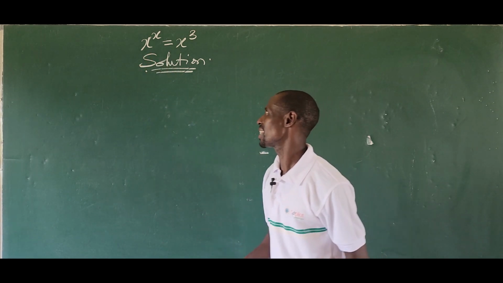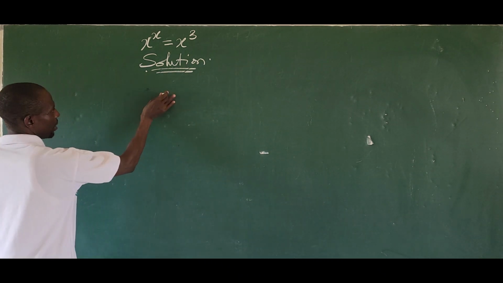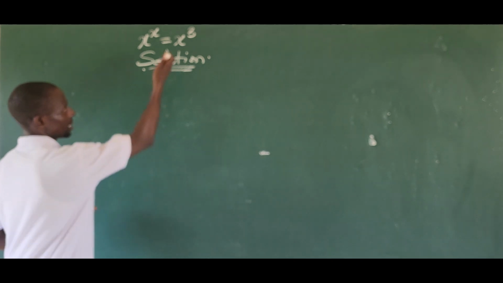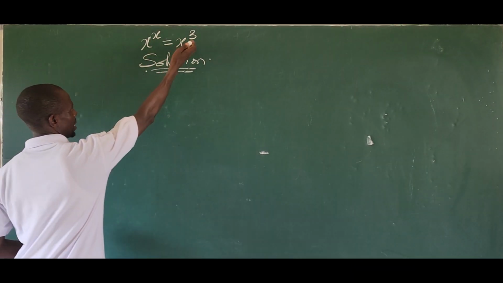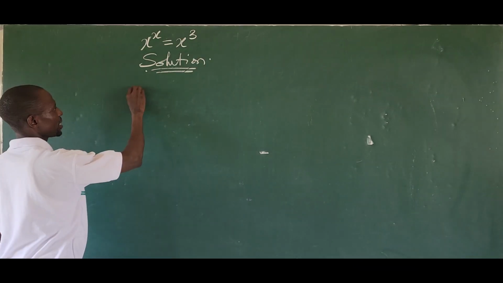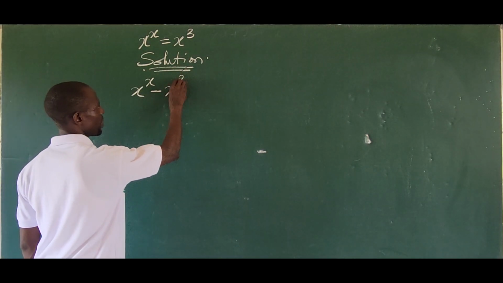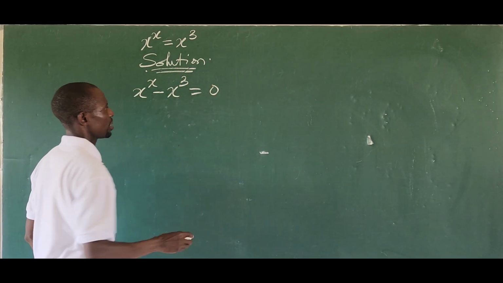Or better still, let's move this to this side so that this gives us 0. So this is going to give us x to the power of x minus x to the power of 3. This is equal to 0.